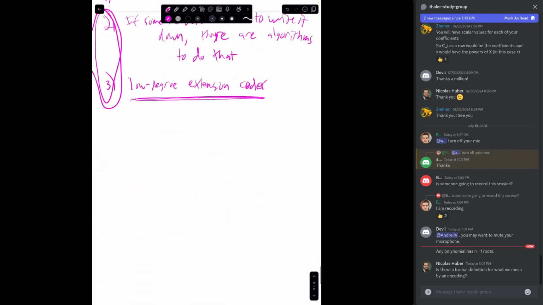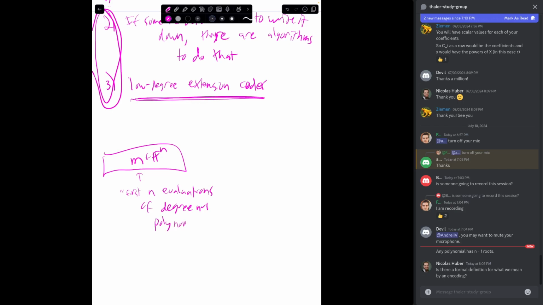So you have this message M of length n, and you treat it as the first n evaluations of a degree n minus 1 polynomial, meaning by first, over some interpolating set.